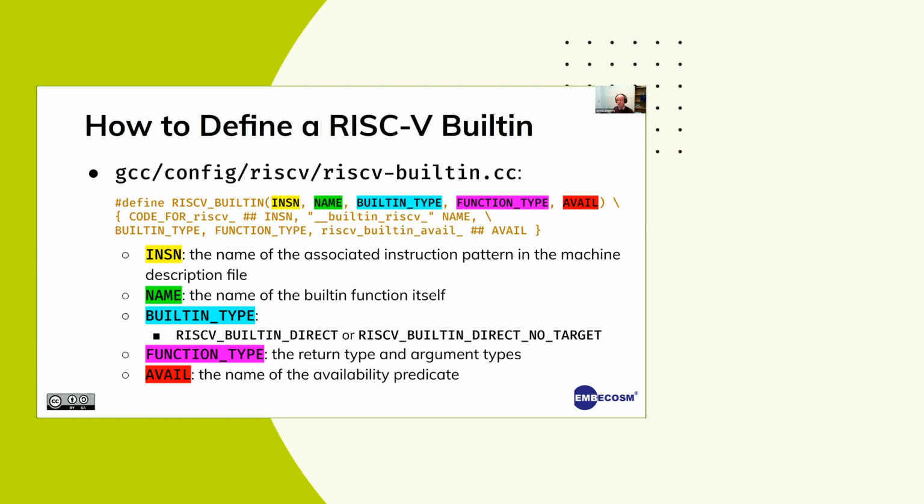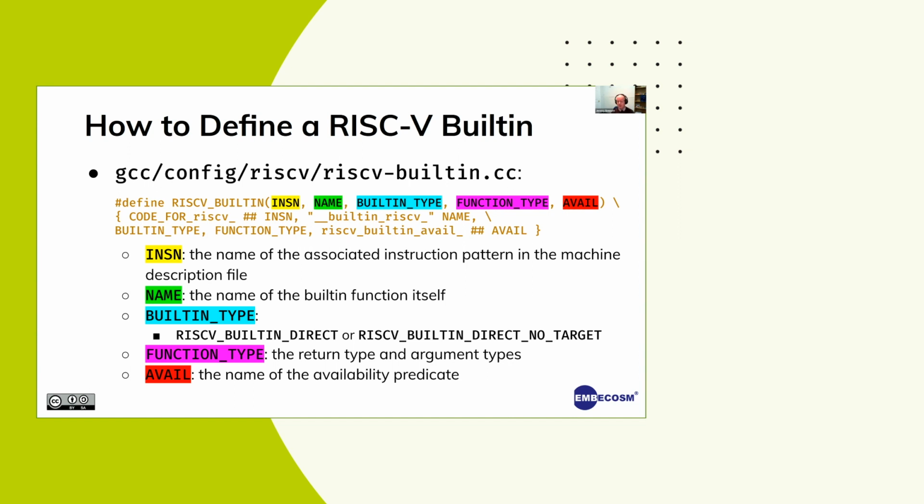Name is the name of the built-in function itself, so we've said what that is. The built-in type. There's a number of RISC-V built-in types. There will probably be more in due course. There aren't actually in the official GCC for RISC-V very many built-in functions at all.